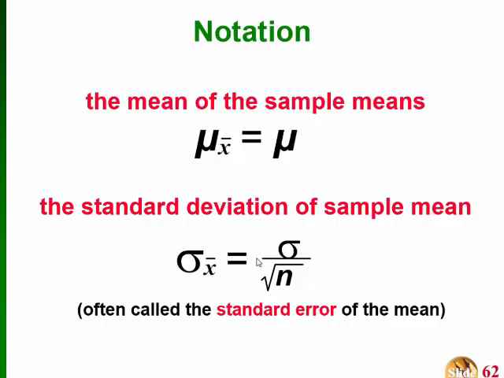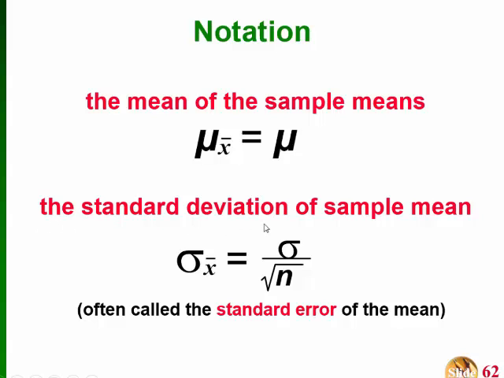We have the notation. The mean for the sample means that we're using is going to be mu sub x bar. Now, because that's just equal to mu, it's not going to be that big of a deal for us to use mu sub x bar, because we can just use the population mean. Not a big deal.